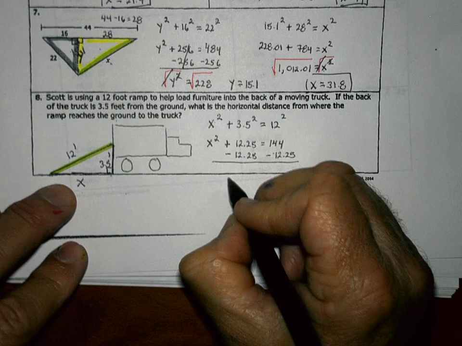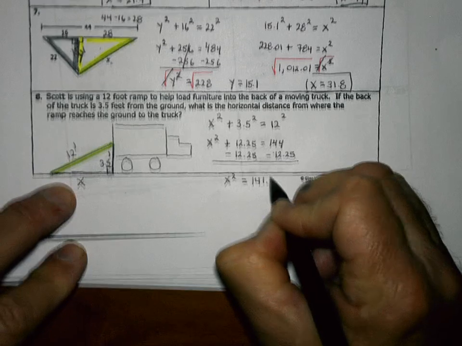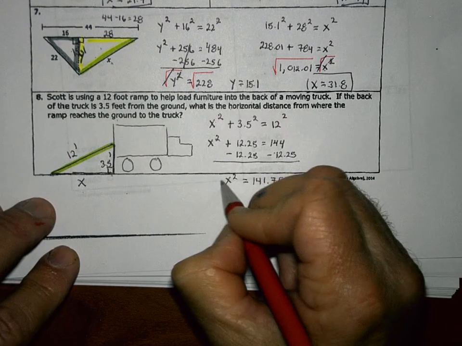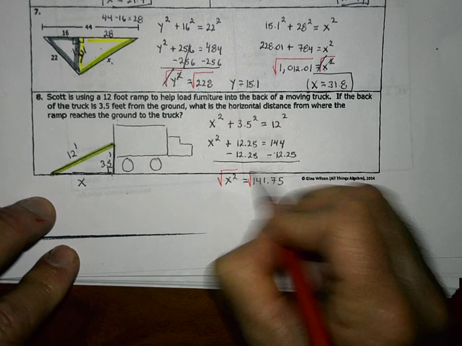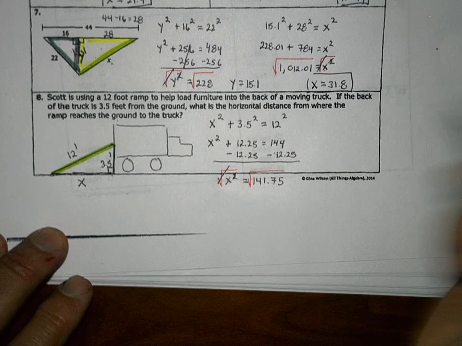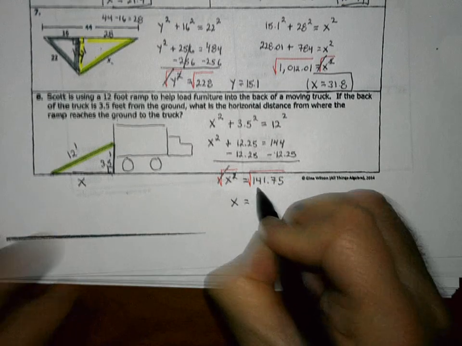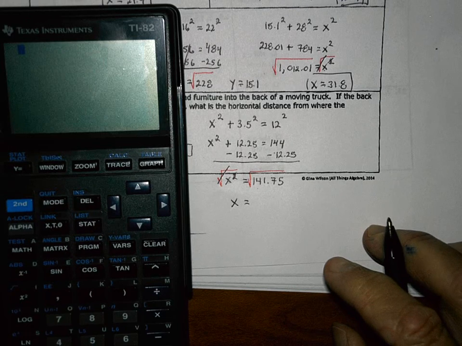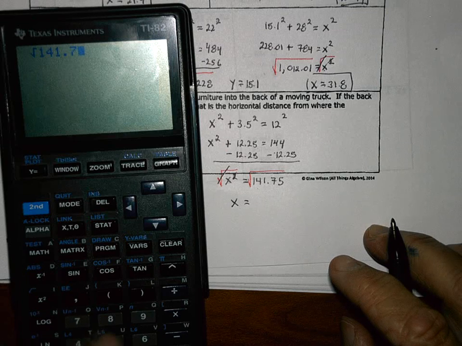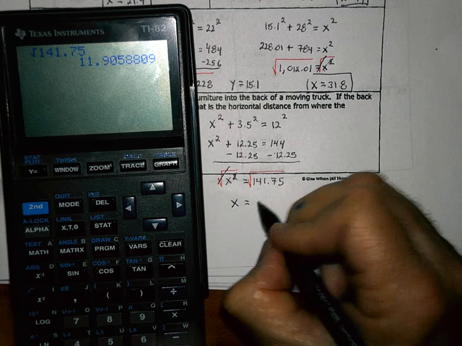So x squared is equal to 141.75. And then to find the value of x, I would take the square root of both sides of the equation. On the side where the x is, that second power cancels out that radical symbol. You could call it the square root symbol if you wanted to. So x is going to be equal to the square root of 141.75. And I'm going to round my answer to the nearest tenth, so 11.9. So there's number 8.